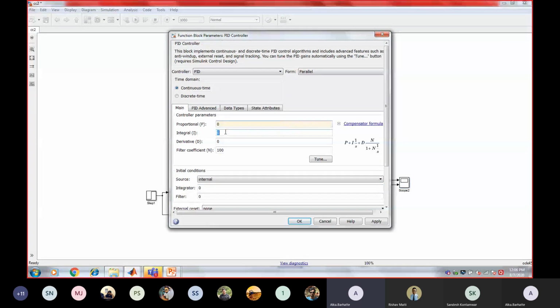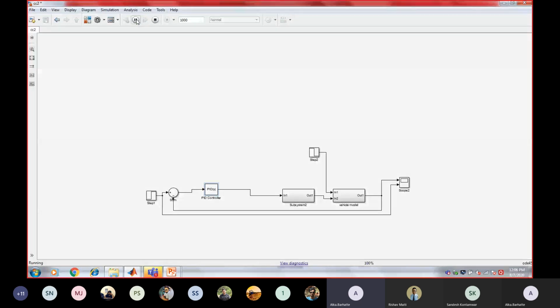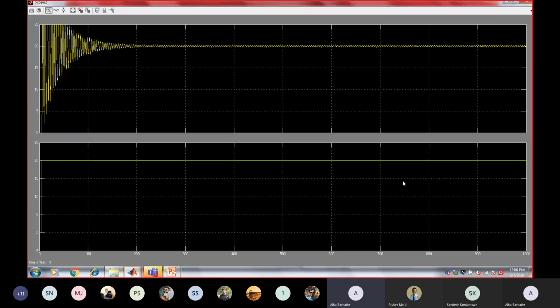Now I'll make that 0 and make this 1. Again, we'll say apply, and we will see how the output is changing. So you can see here we are getting so many oscillations or overshoots before it stabilizes. And with that, again, we are not getting the stable state.